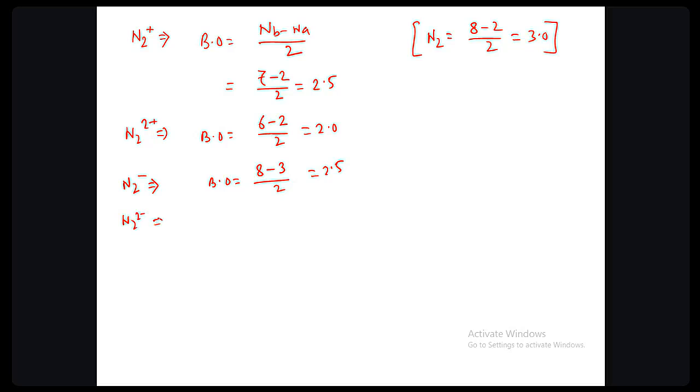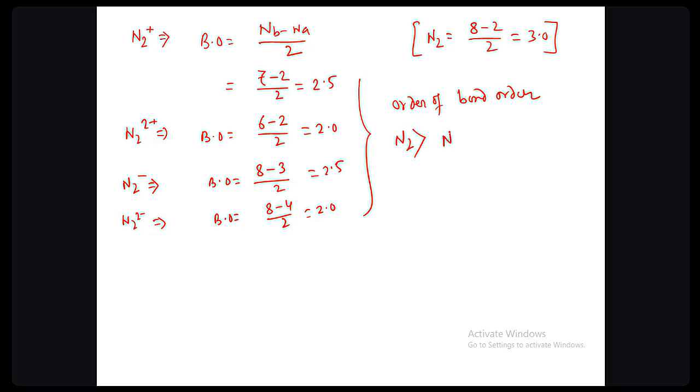N2 2 minus, bond order equals 8 minus 4 by 2, that is equal to 2.0. So now we can say that the order of bond order is N2 greater than N2 plus equal to N2 minus greater than N2 2 plus equal to N2 2 minus.